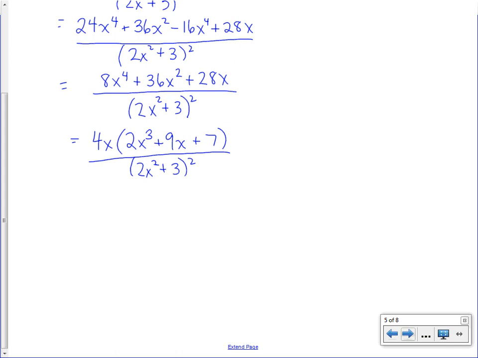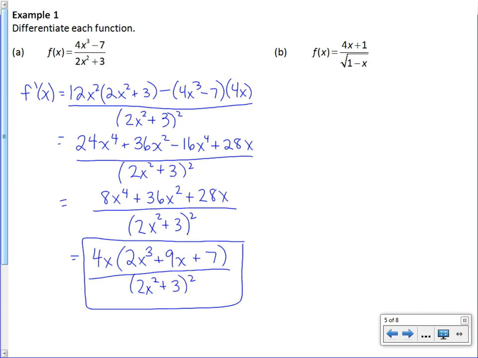But if this was an obviously factorable expression, like a difference of squares, or x squared plus 10x plus 12, you should try to do it. Other than that, this would be the acceptable final answer for that question. Good? Okay.